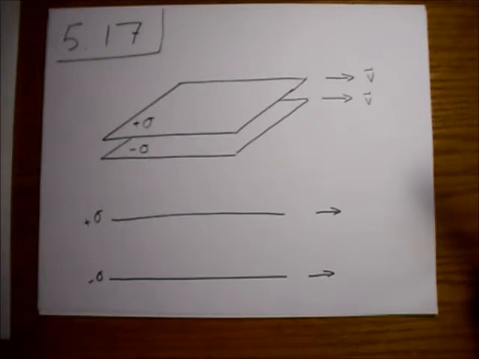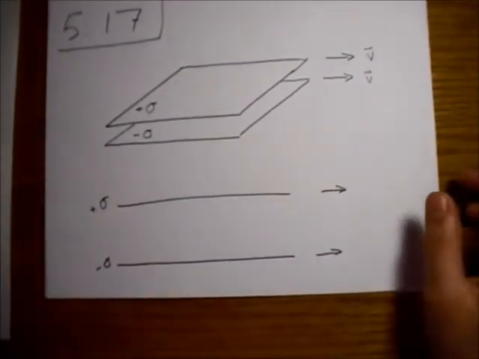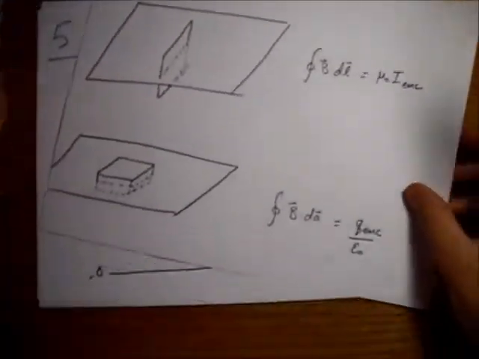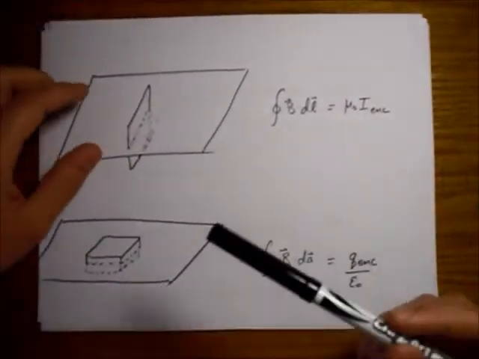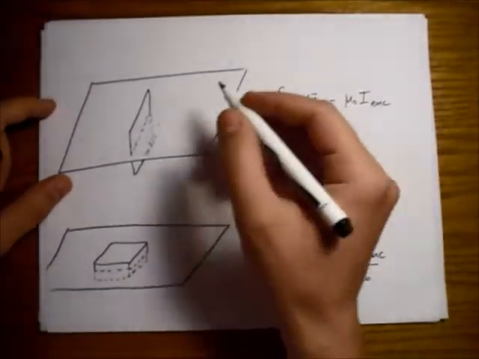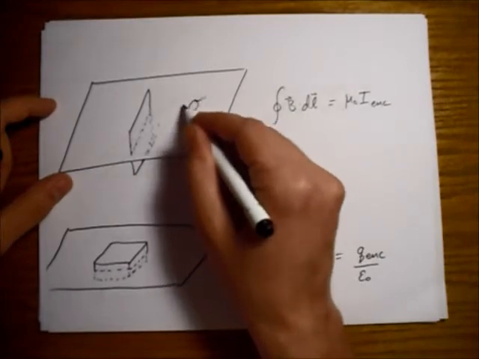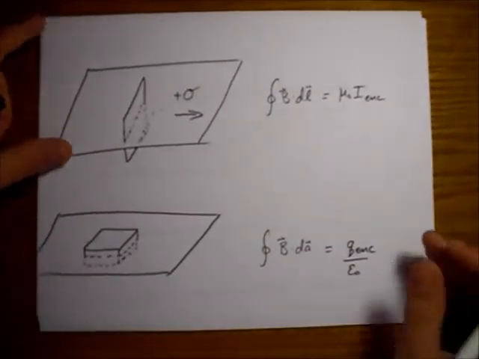Okay, so first we're going to look at the magnetic field of this. I made up a little drawing of an Amperian loop here. So if we look at just the top plate, say, we have a plus sigma, and it's going in this direction.